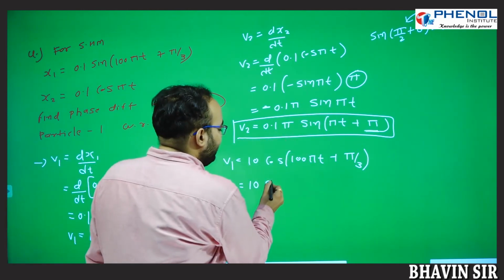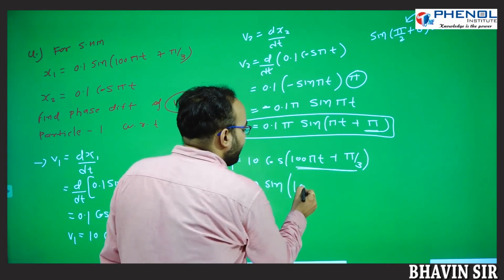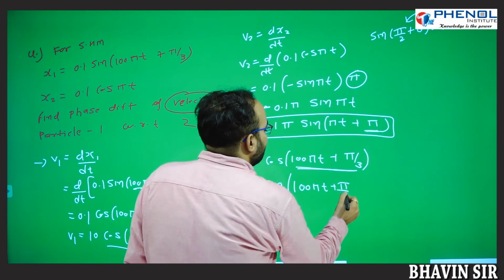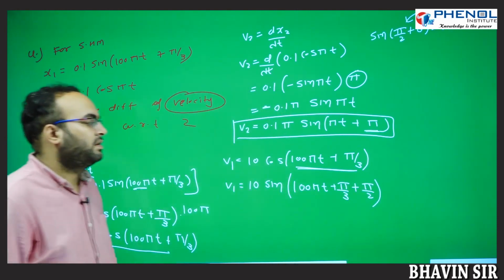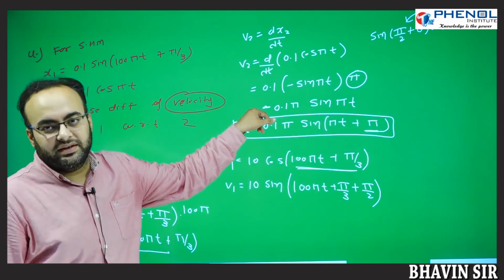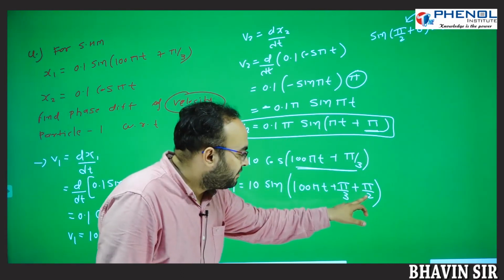So sine, first this is our total theta, plus pi by 2. Why do we write pi? Because the negative sign is there, so we write plus pi. Why do we write pi by 2?